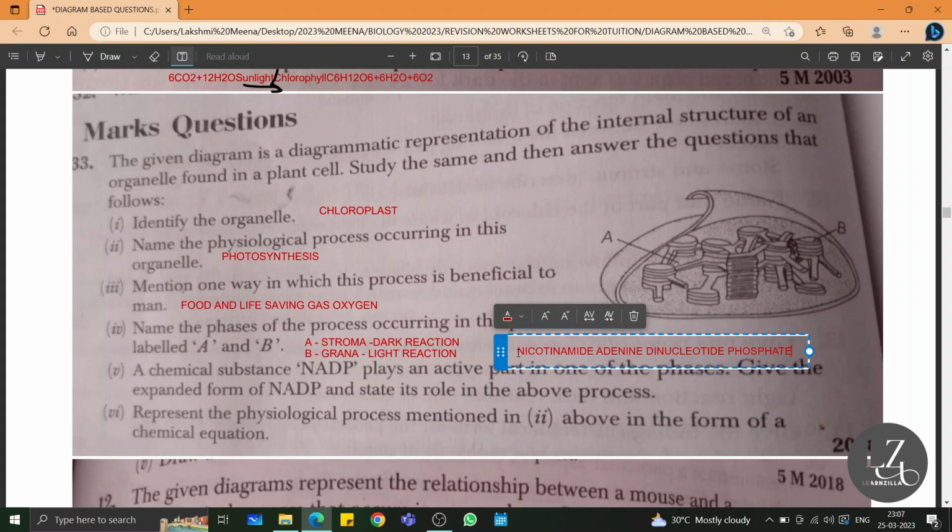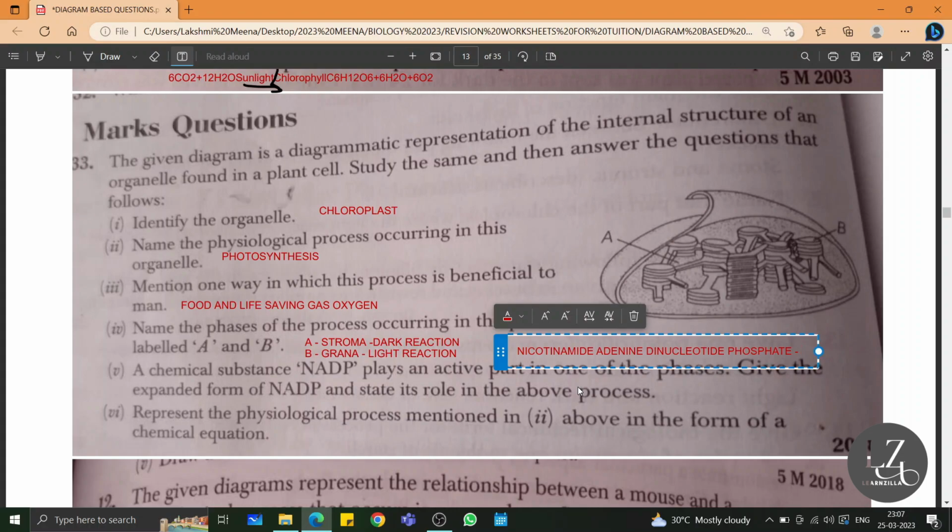So, what is its role? What does it do? The question is to expand the form of NADP and then state its role in the above process. In photosynthesis, what is its role? What does the NADP do?